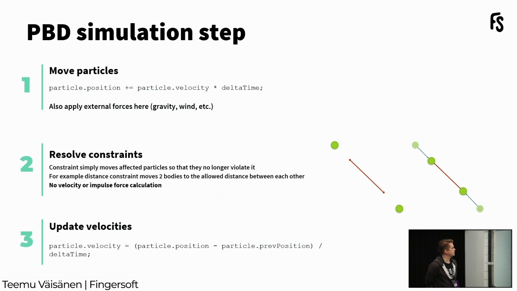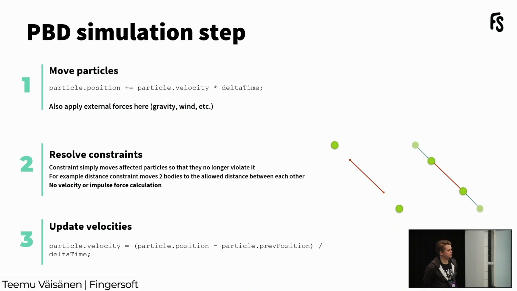And then comes the constraints step. And this is the part that I personally like very much. You don't have to think about velocities, you don't have to think about forces, you don't have to think about anything complex. You're only considering the position of the particle, and whether the constraint is violated or actually in a valid state. And I think the distance constraint is a good example of this.